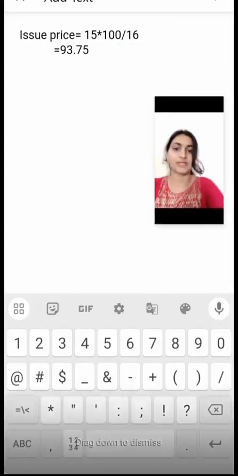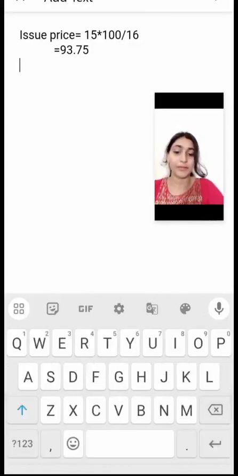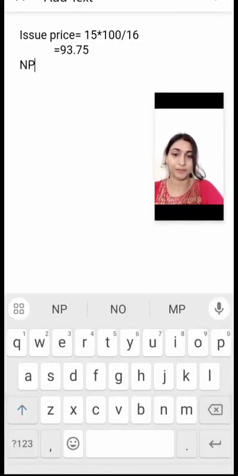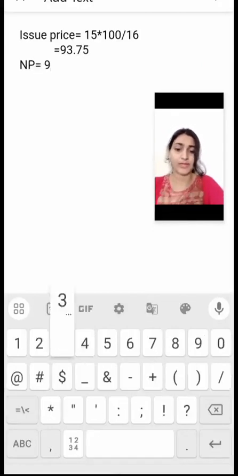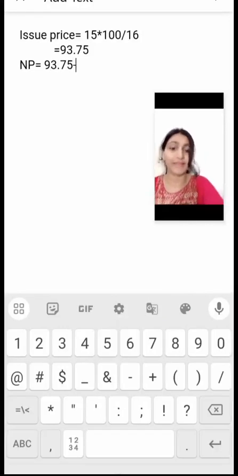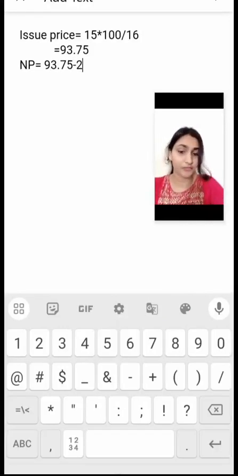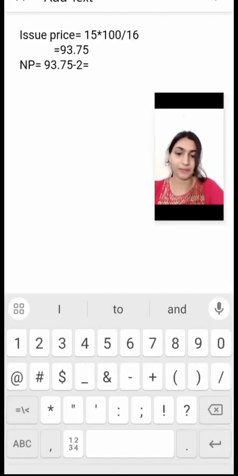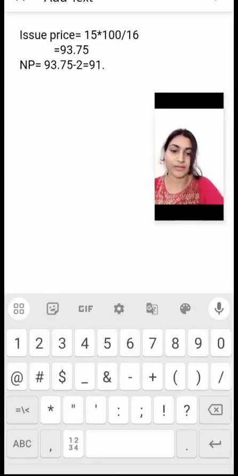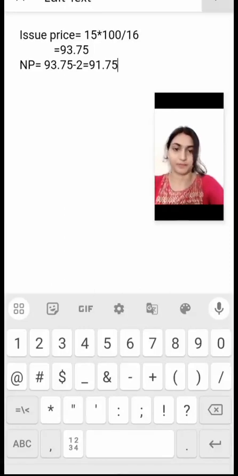Okay, so this is the issue price. Therefore total net proceeds will be how much of the debentures? Net proceeds will be 93.75 minus the flotation cost of 2 rupees. So total you will get it as 91.75.